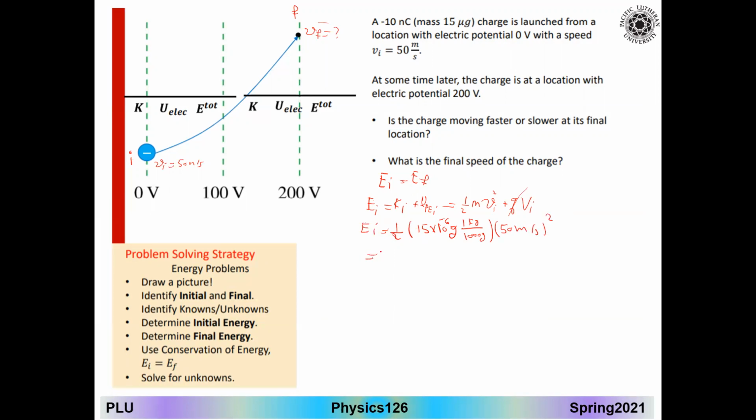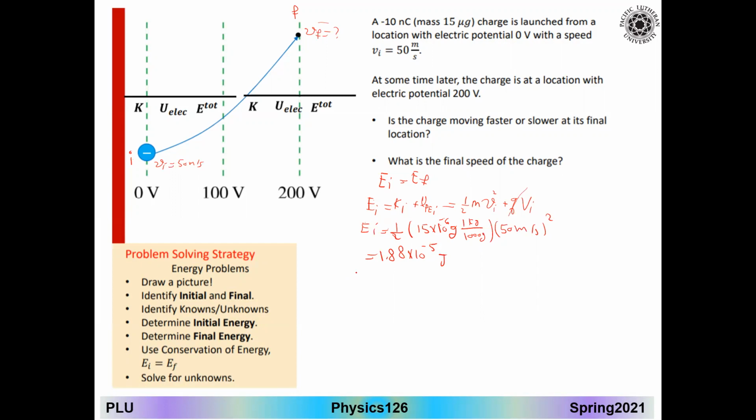This number ends up as 1.88 times 10 to the minus 5. The unit is joule. So that's the unit for the initial energy.